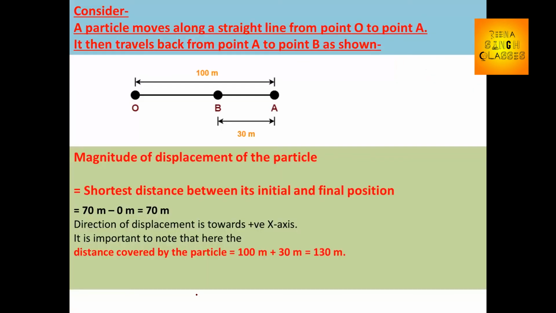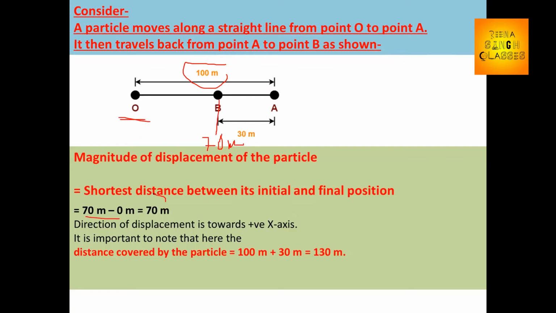Another example, consider a particle moves along a straight line from point O to A and it travels a distance of 100 meter. Then from 100 meter he returns 30 meters. So which position he reaches? He reaches 70 meter. So what is in this case the final position? Final position is 70 meter and initial position is 0.